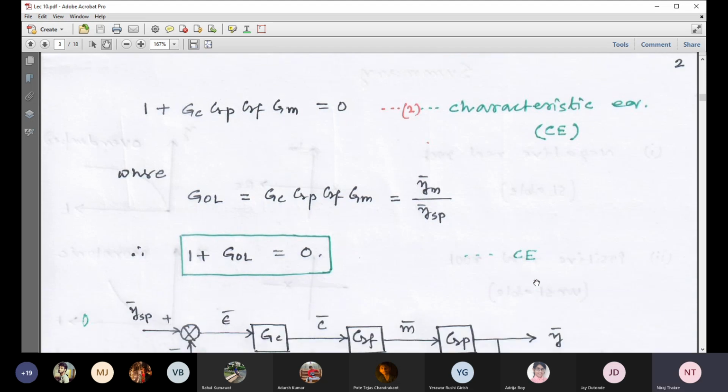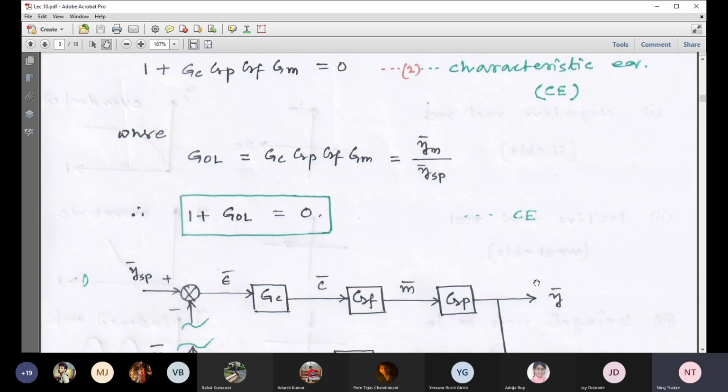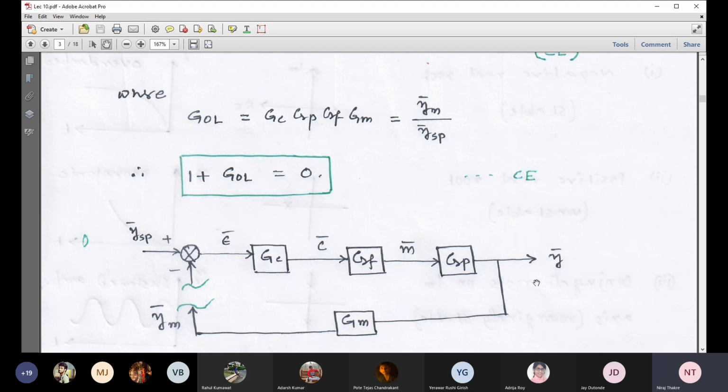Why is it called so? It is explained here. This GOL is basically YM divided by YSP, and YM we can only get if we disconnect here. Otherwise, it is always in the closed loop.